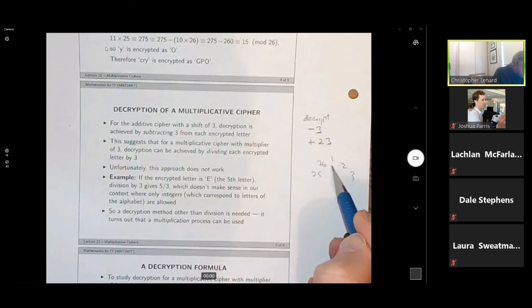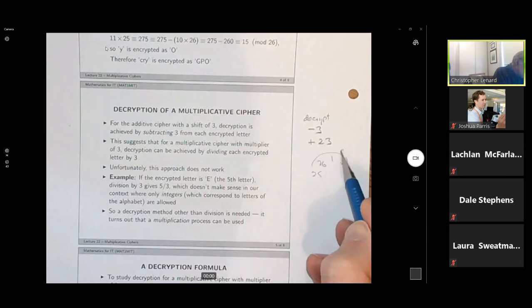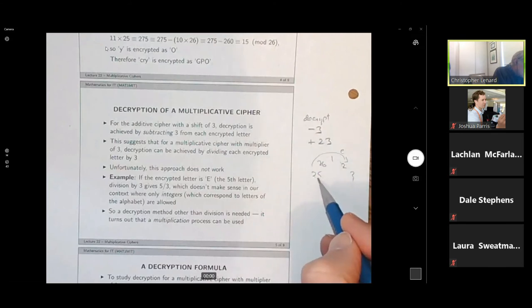So if I start at 25 and I add 3 to encrypt, I get to 2. That's the encryption process. But if I want to decrypt, I have to move backwards, subtract 3. So -1, -2, -3, and I get to 25.